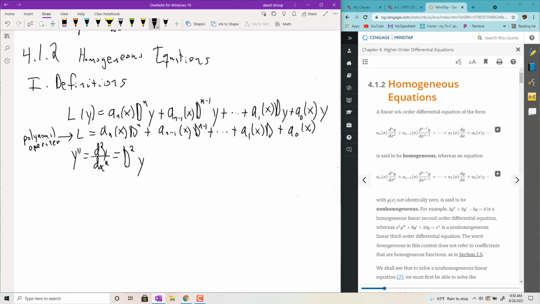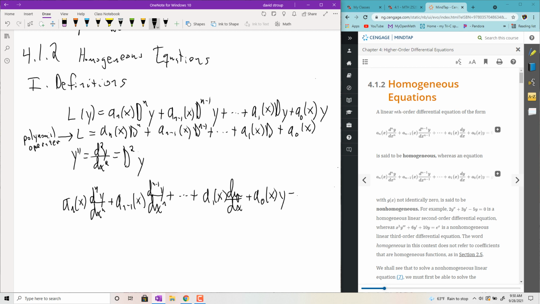So if we want to write out then, and you don't have to write this down, but just for the sake of putting it all together, if you wanted to write out the differential equation a sub n of x d^n y over dx^n plus a sub n minus 1 of x d^(n-1) y over dx^(n-1) plus dot dot dot plus a sub 1 of x, the derivative of y with respect to x, plus a sub 0 of x y equals g of x.